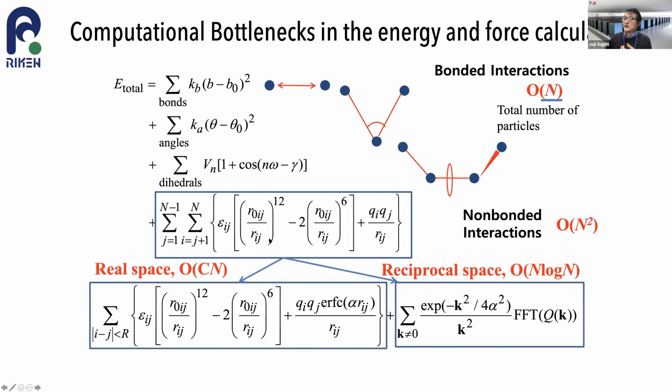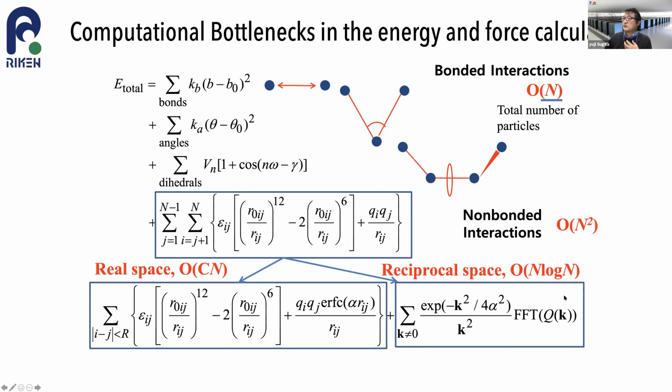But in reality, in most cases we are using the particle mesh Ewald approximation. In that case, we compute the real space computation, which is somehow order n, and the reciprocal space calculation containing the FFT calculation.